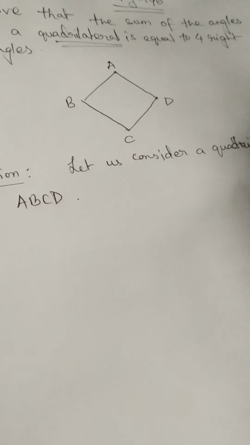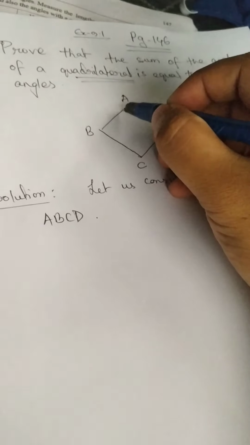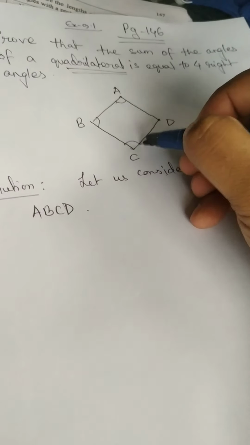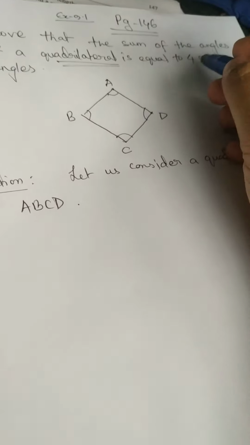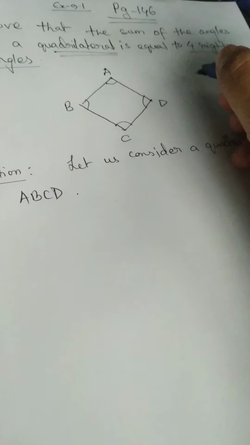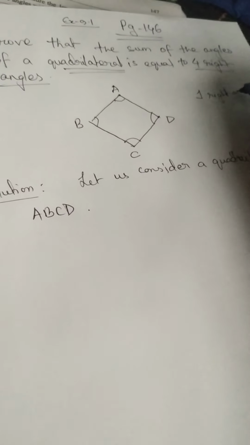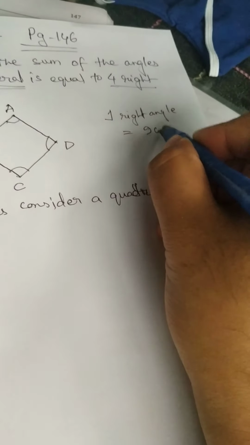Okay, now after considering this quadrilateral, what do we need to prove? We need to prove that this angle, this angle, this angle, and this angle, the sum of all these 4 angles equals 4 right angles. We already know that one right angle equals 90 degrees, right?